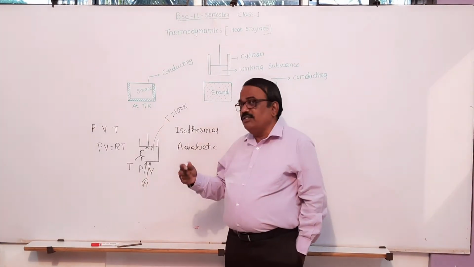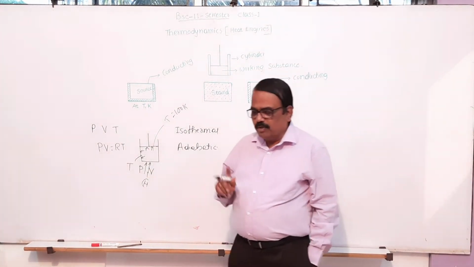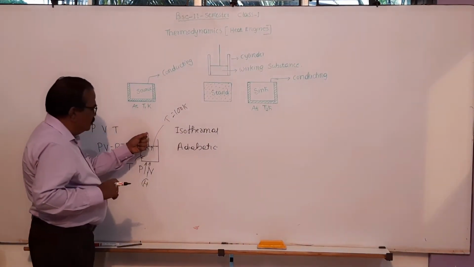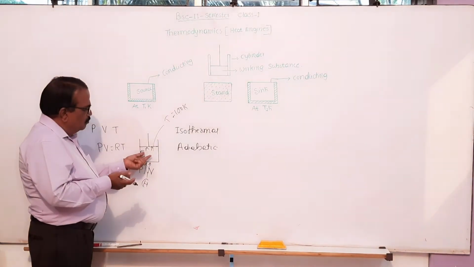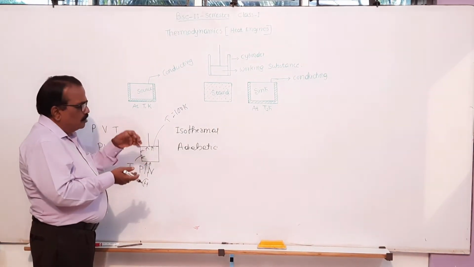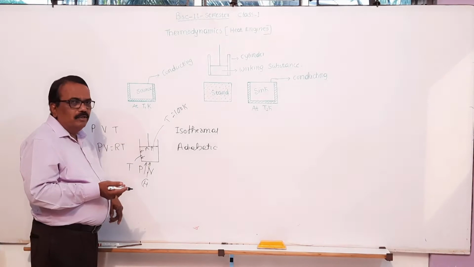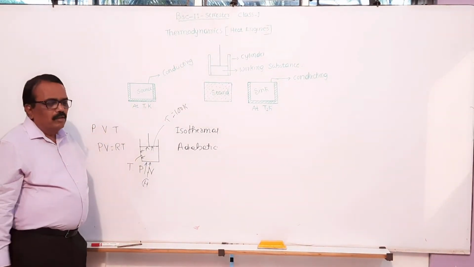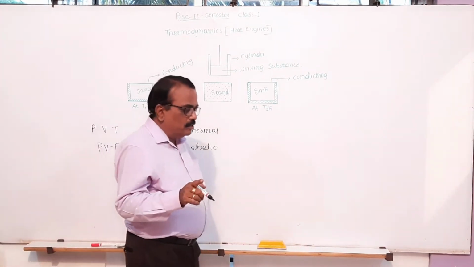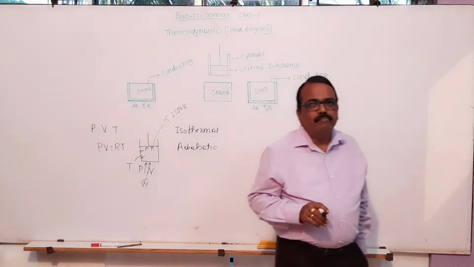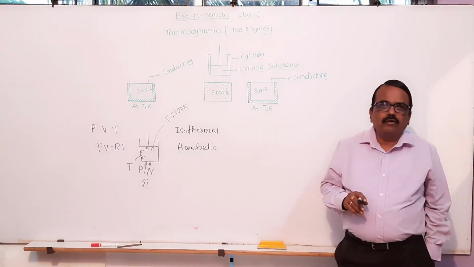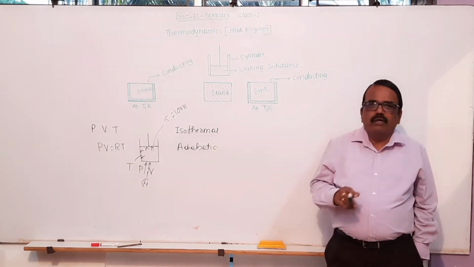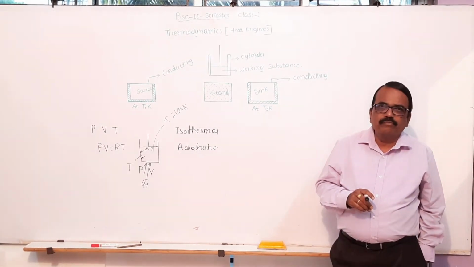P and V change, but temperature should not change. If you compress this, volume decreases. If you take it away, volume increases. But I want this temperature to be constant. If these changes in the gas are taking place by keeping temperature constant, that process is known as isothermal process.